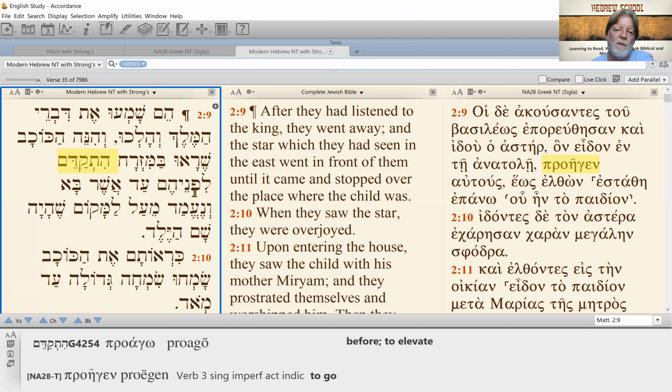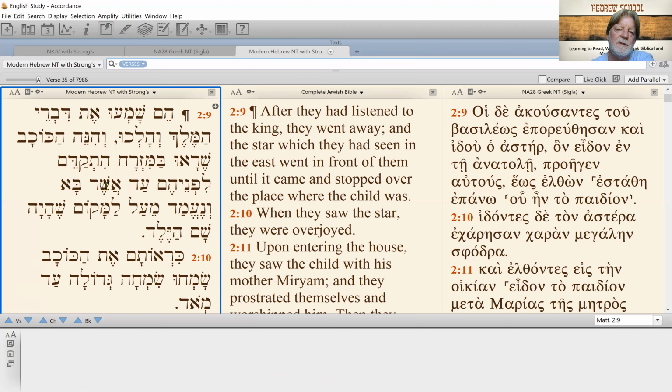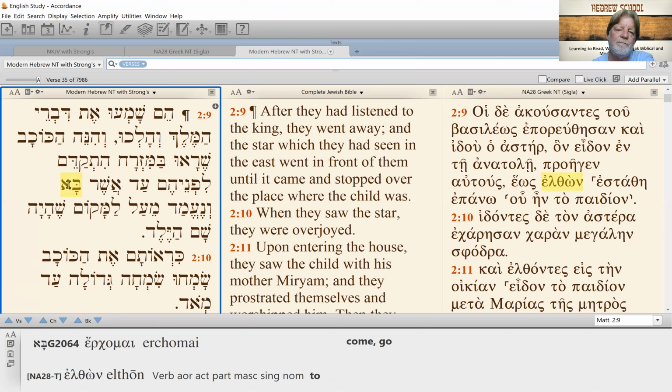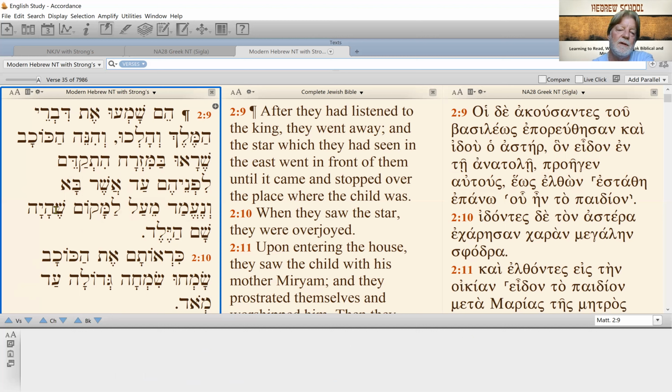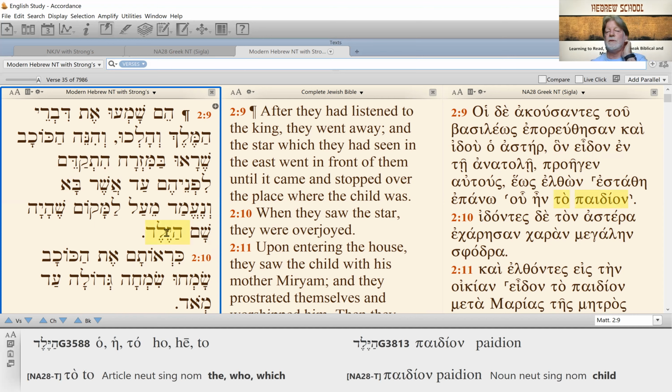The star stood before them, Lifanehem, before them, Ad, until Asher, that Ba, that it came, the Ne'emad, and stood, Me'al, from over, Lamakom, the place, She, that was, Haya is the Hebrew word for was or became, She, that, or which, or where was, Asham, there, Hayeled, where the child was.